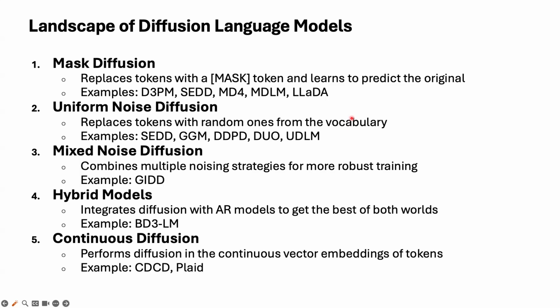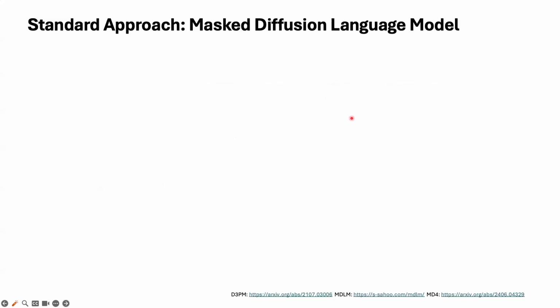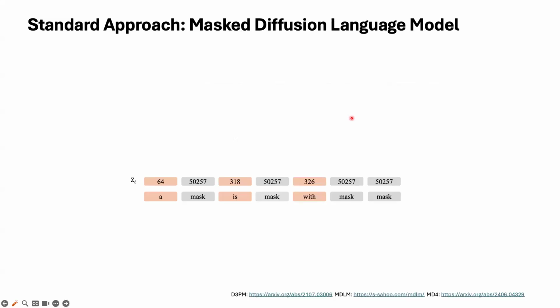All right. So this is the state of the models today. Let's get into the masked diffusion model once more. This is D3PM, MDLM, or MD4, which are all sort of similar. Some implementation details are different and scales are different, but they are similar ideas. So this is what you start with. Let's say the sentence you have right now is "A, mask, is, mask, with, mask, mask."